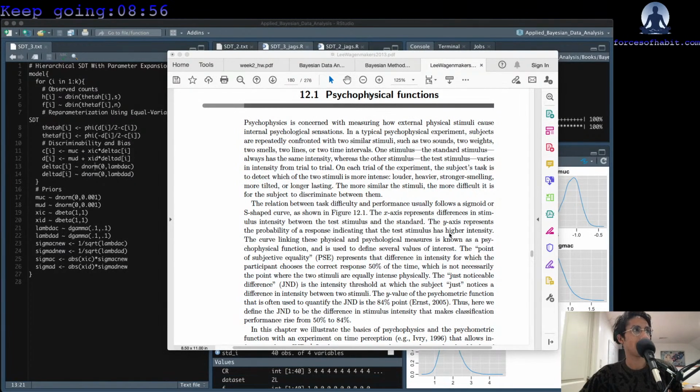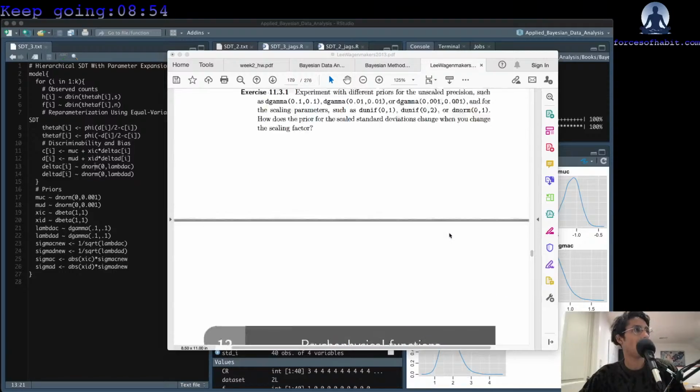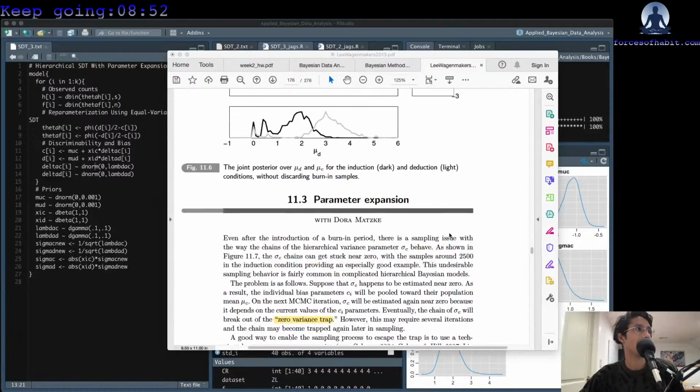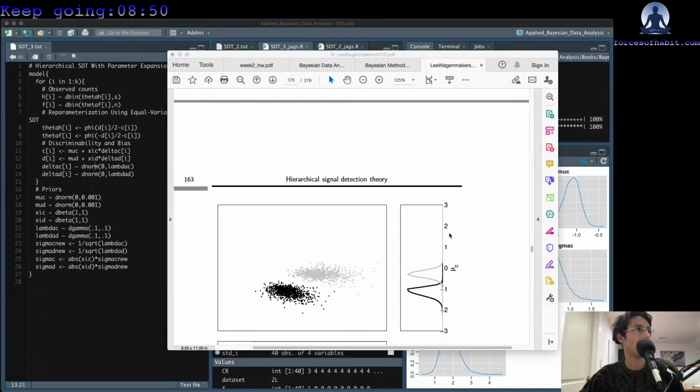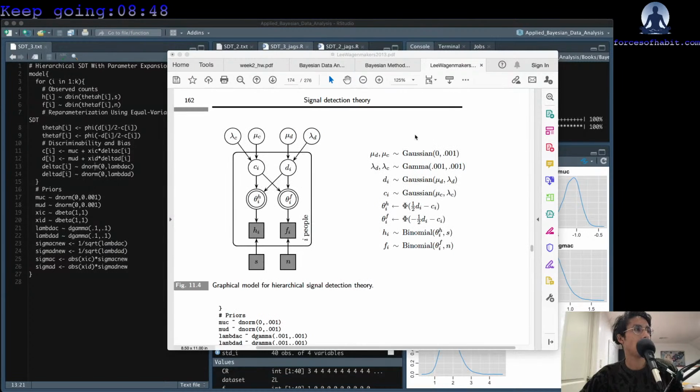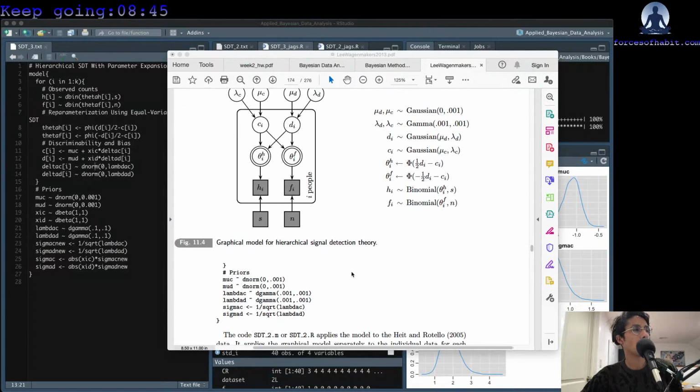Oh, yeah. So just to recap then, we went through and we incorporated a hierarchical structure into our signal detection theory model.